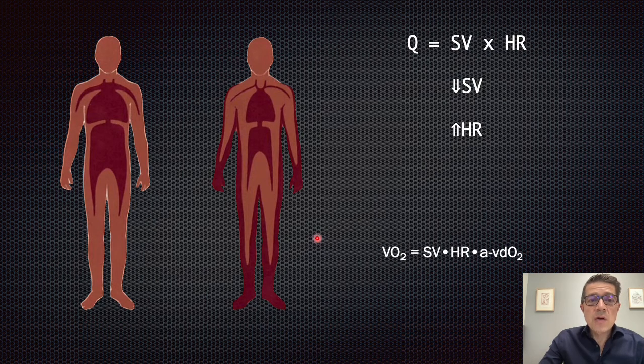So one of the issues with heat is that we have a decrease in stroke volume and an increase in heart rate. Just exposure to heat creates this redistribution of blood, and as a response we have an increase in heart rate and a decrease in stroke volume in order to maintain cardiac output.